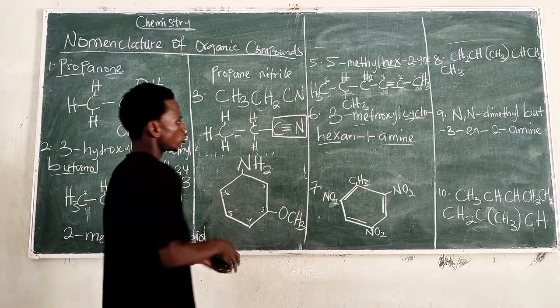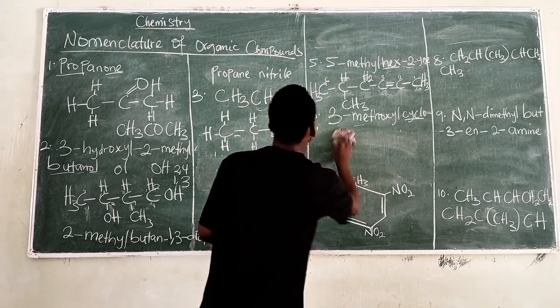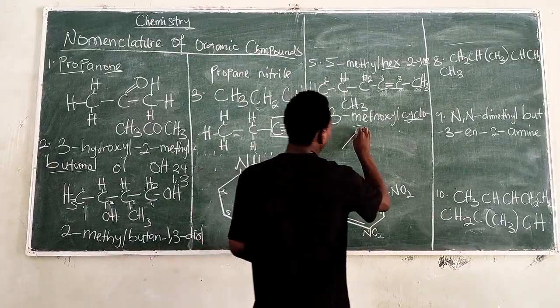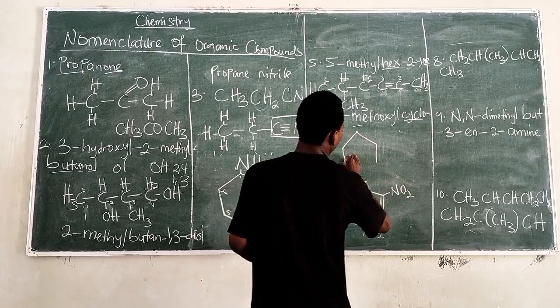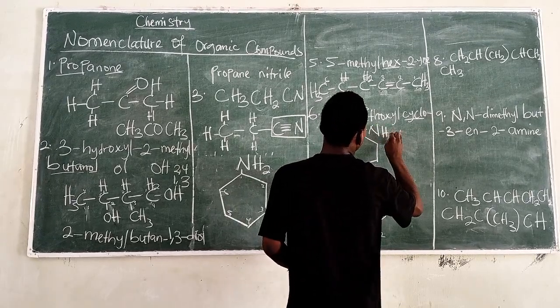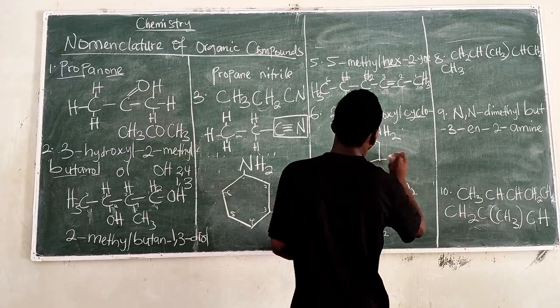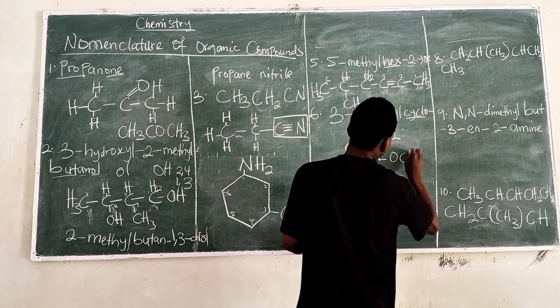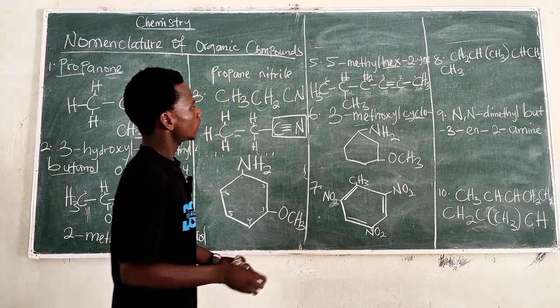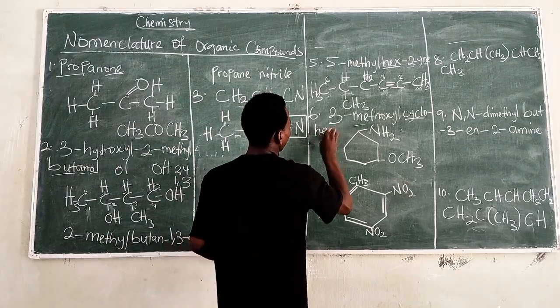So this is the structure for trimethoxy 3-methoxycyclohexane.